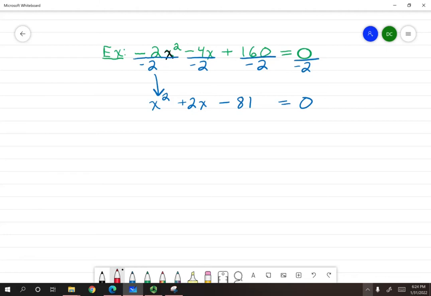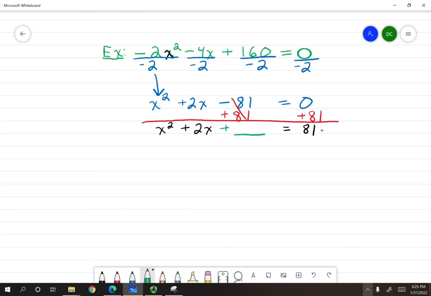Now I have to go back to my steps. Step 1, move the constant term to the right side. If I move the constant term to the right side, this gives me x squared plus 2x equals 80. I'm going to put a blank on both sides because I know I'm going to complete the square.